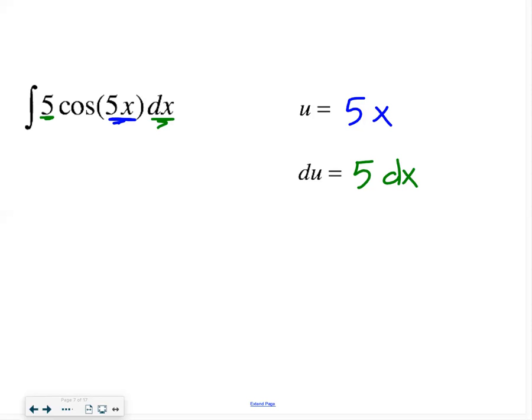Okay, so if I were to rewrite this, I'd still keep my trig function here. I would just say the antiderivative of cosine u du, and let's make sure we have everything covered. This is my u, this is part of my du, this is part of my du, so everything should be covered from the original problem. We don't want to leave anything out.